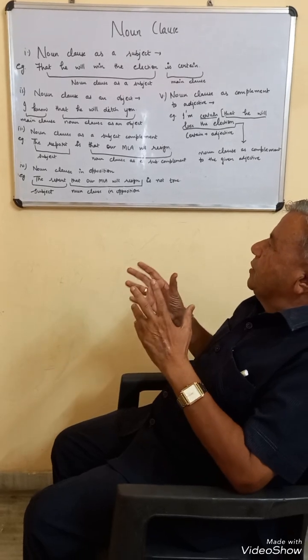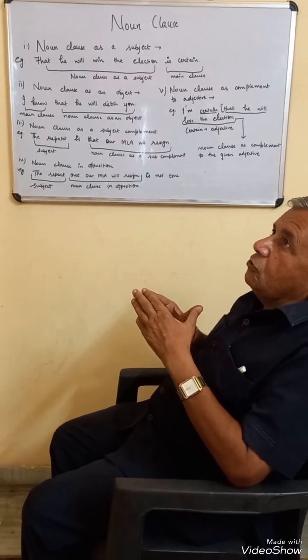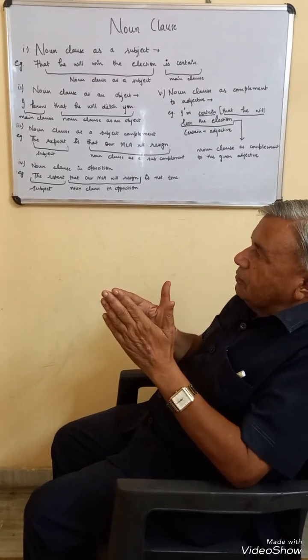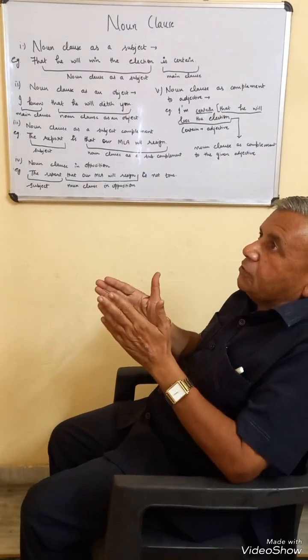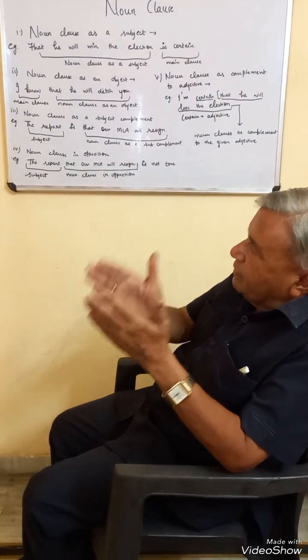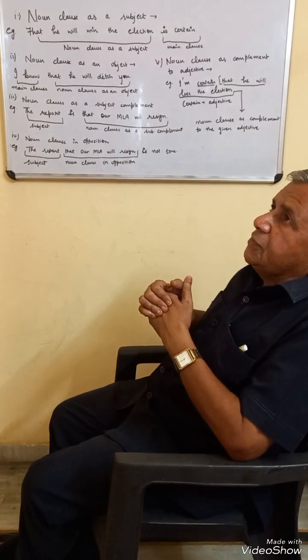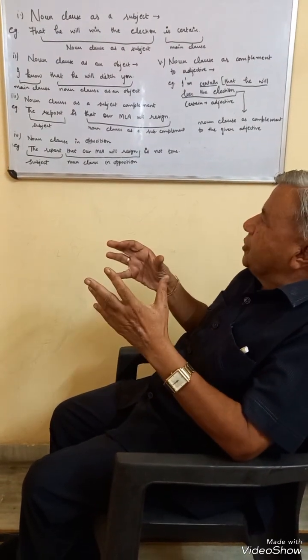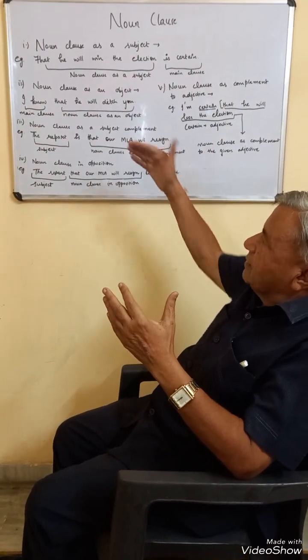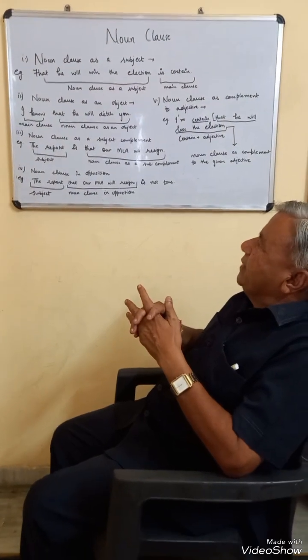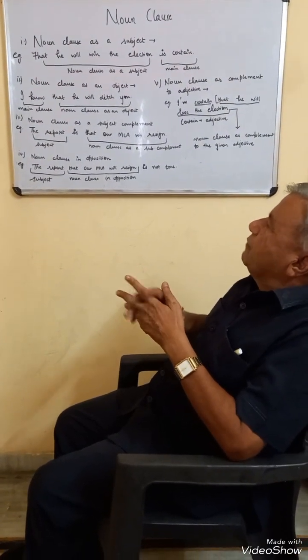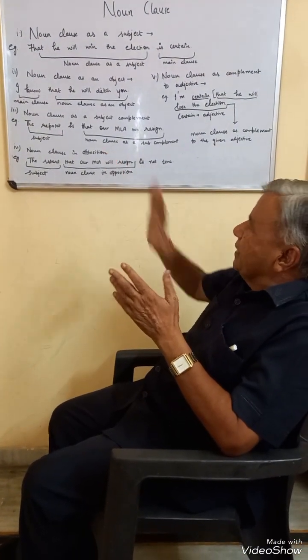Then the noun clause in apposition. When a noun is explained along with the noun through a clause, then it becomes a clause in apposition. In the previous sentence, we explained the report after using the verb is.